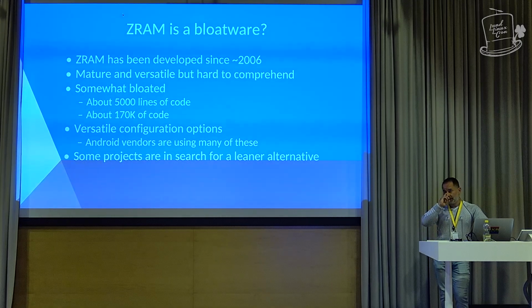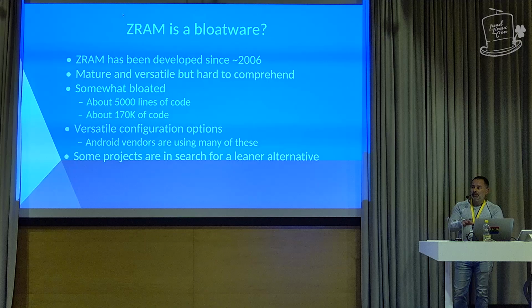Yeah, we have been discussing this for a real long time, but the thing is that I'm not covering it that much in this particular presentation. But the thing is that Android vendors are very keen on keeping ZRAM.